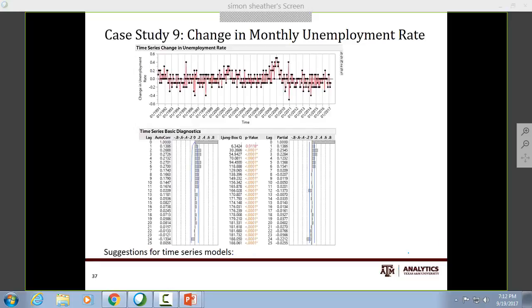Step number 1, have a look at a time series plot. What do we see from the time series plot? What features can you see? Help me out. The points tend to be above the line and below the line, and they persist there. Yep, there's certainly some autocorrelation, Fiona. Thank you. There are probably additive outliers about January of 2009.